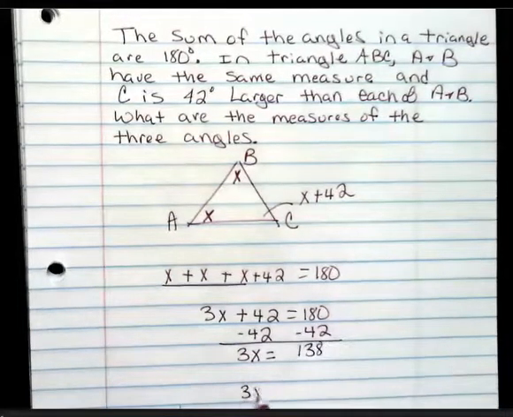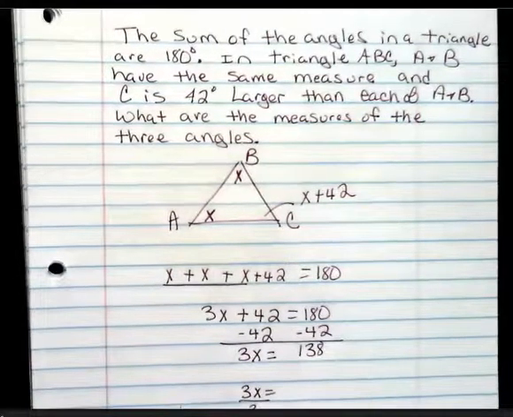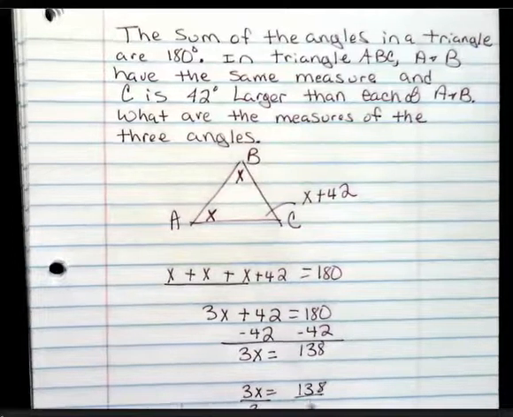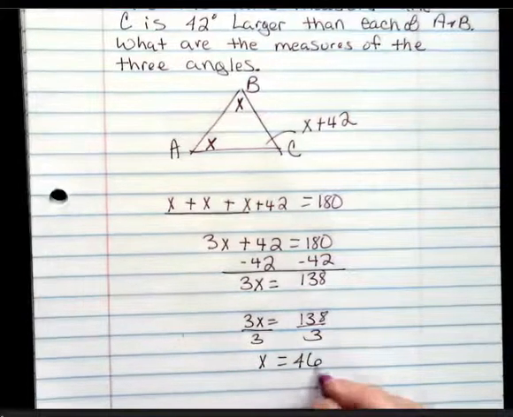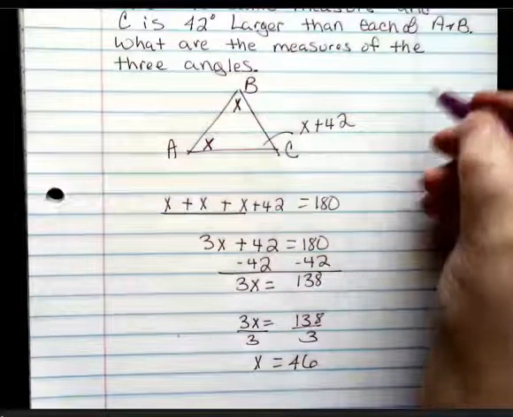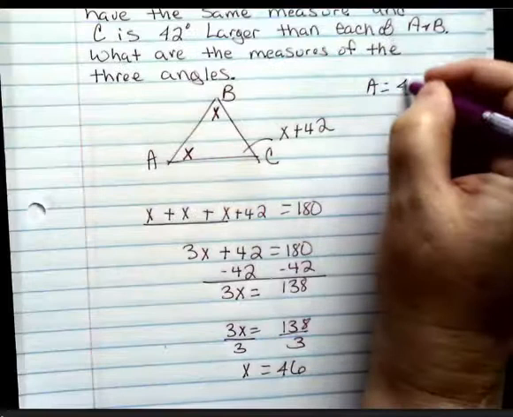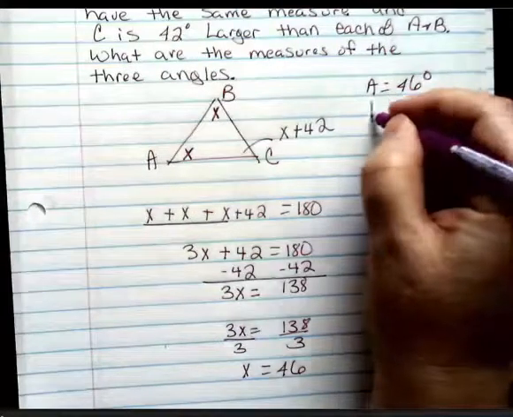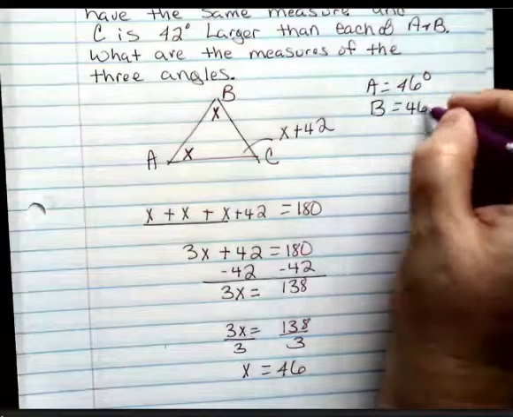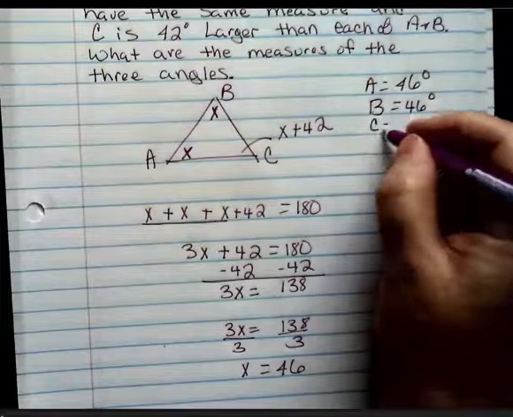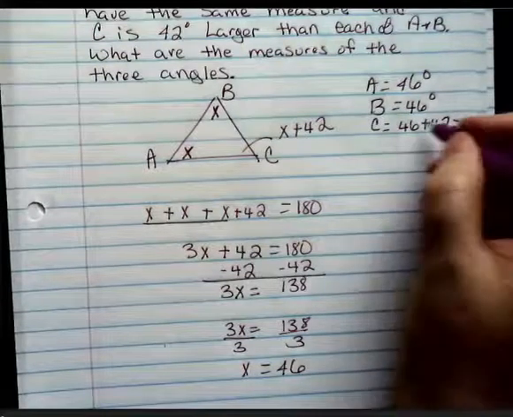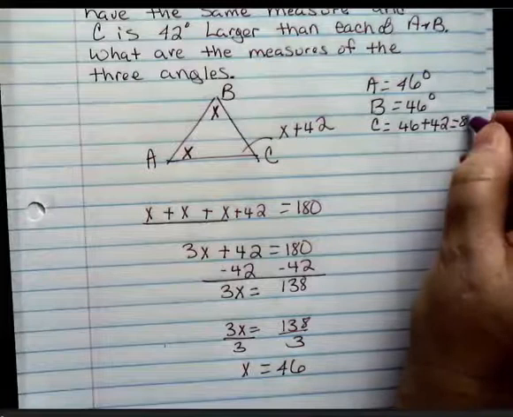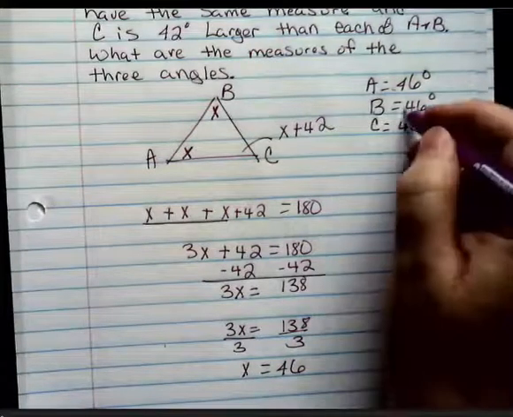And then you divide both sides by 3. And x equals 46. So what that means is A is equal to 46 degrees, B is equal to 46 degrees, C is equal to 46 plus 42, which equals 88. So there's your three answers.